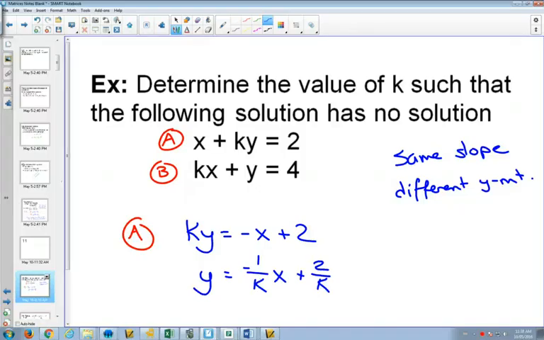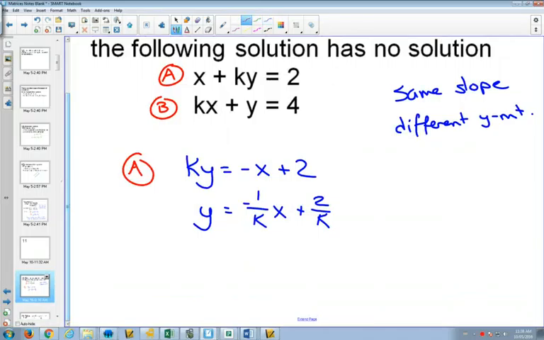For equation B, rearranging this, we're just going to get negative kx plus 4. So if we need this to have same slope, different y-intercepts, then the slope in equation A and the slope in equation B must be the same.